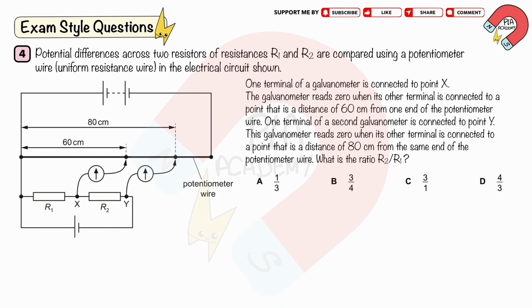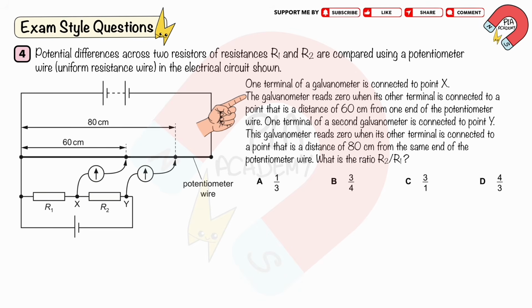Exam-style question 4. Potential differences across two resistors of resistances R1 and R2 are compared using a potentiometer wire, uniform resistance wire, in the electrical circuit shown. One terminal of a galvanometer is connected to point X. The galvanometer reads 0 when its other terminal is connected to a point that is a distance of 60 centimeters from one end of the potentiometer wire.